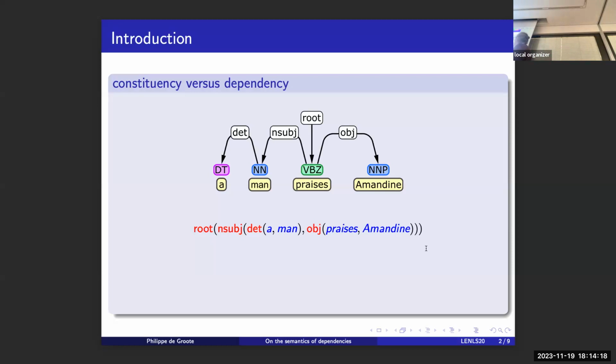Okay, so you see, for instance, we have phrases and amending which are in the object relations. But if we do so, actually, we obtain a sort of spurious ambiguity, because this would be as well a possible way of representing this structure.